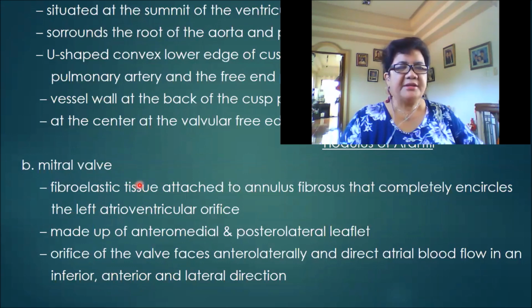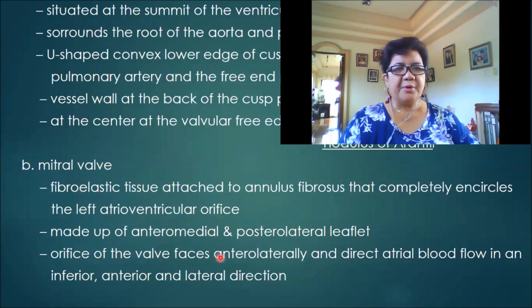Then you have the mitral valve, which is a fibroelastic tissue attached to the annulus fibrosus that completely encircles the left atrioventricular orifice. So, mitral valve, left atrioventricular orifice. So, it is on the left side of the heart.